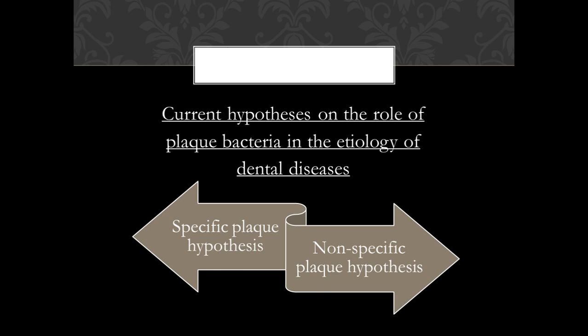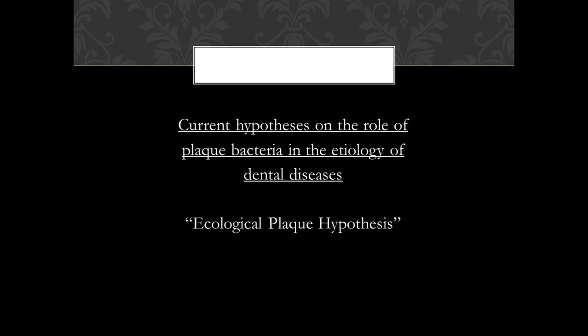And another hypothesis came, the ecological plaque hypothesis, which is an updated version that combines both the non-specific and specific plaque hypotheses. It runs like this: many bacteria will be present in the oral cavity, and what happens is that the environment changes.